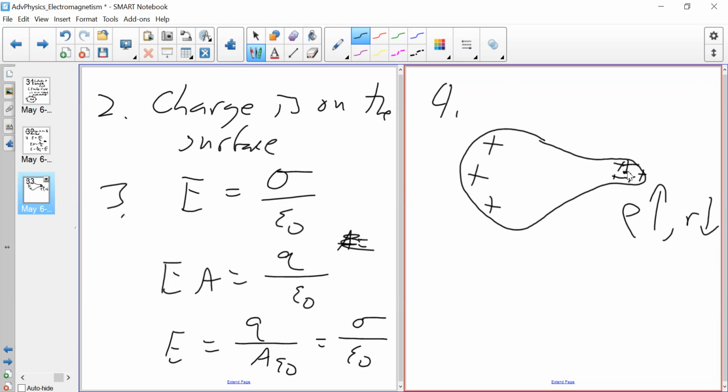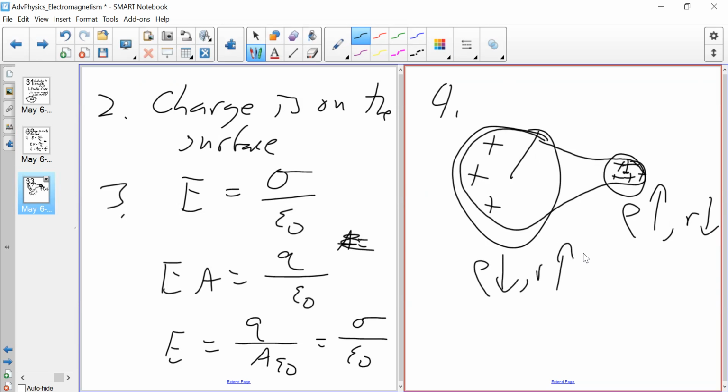If we think about it in terms of a circle, it's small r versus big R here, and the density is smaller the larger the radius. So those are your conditions of electrostatic equilibrium.